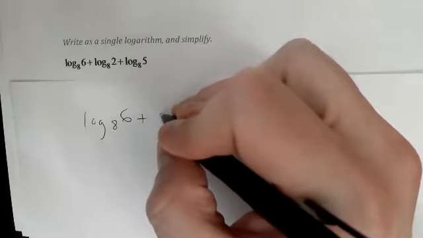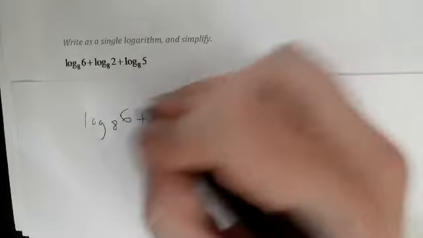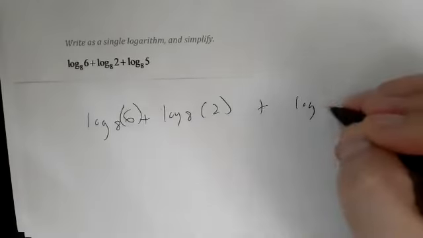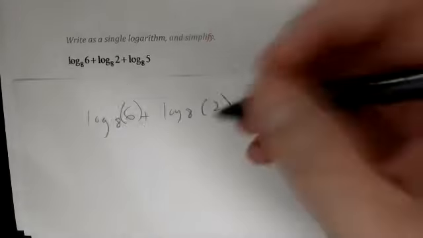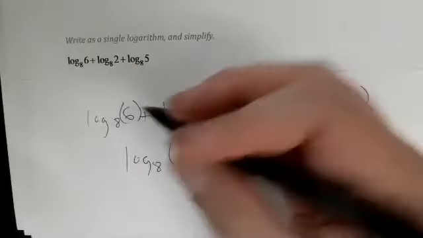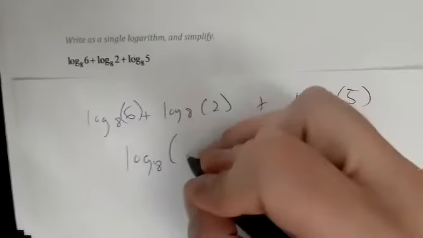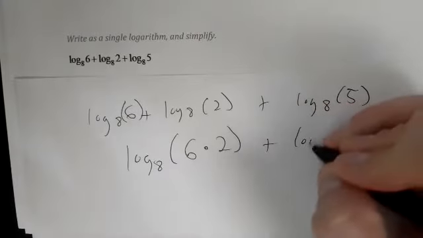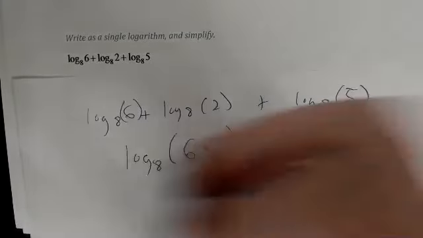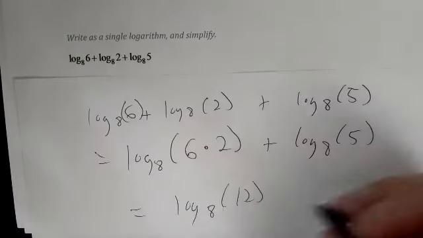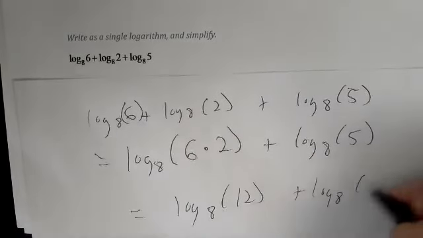So if we look at log base 8 of 6 and log base 8 of 2, and we ignore this log base 8 of 5 just for a second, if I want to combine these two, I combine them to one single log base 8, and I multiply 6 times 2. So this is log base 8 of 12 plus log base 8 of 5.